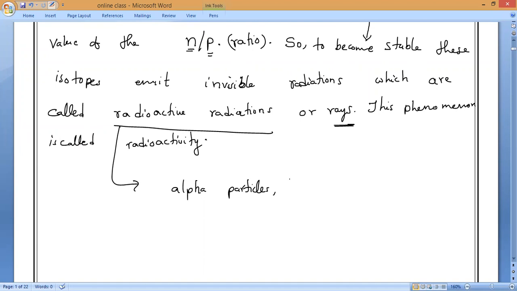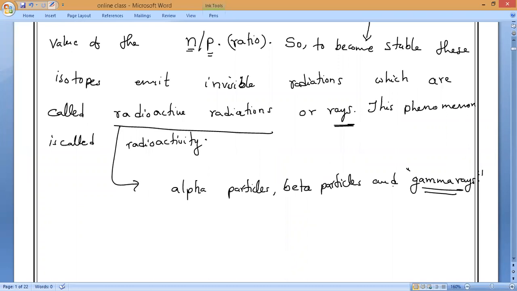Alpha particles are positively charged particles with high energy to move. In the same way, beta particles. You will study them even in 11th class, what alpha rays, beta rays, and gamma rays are. And they may also contain gamma rays. Gamma rays are the highest energy radiations, so they will penetrate anywhere. Extremely dangerous, that is what you have to remember.